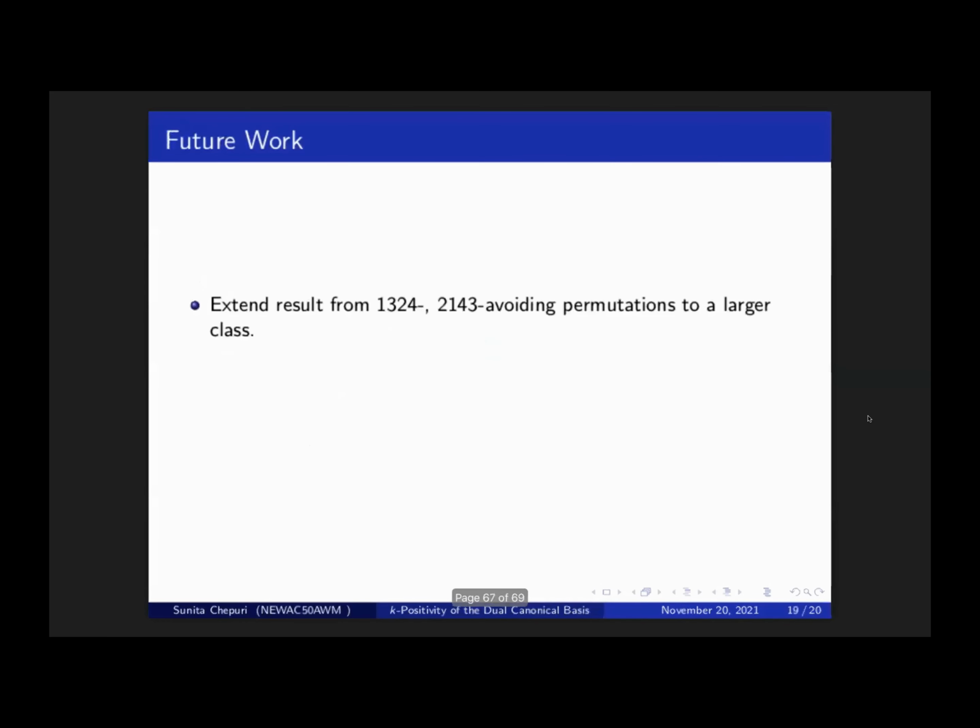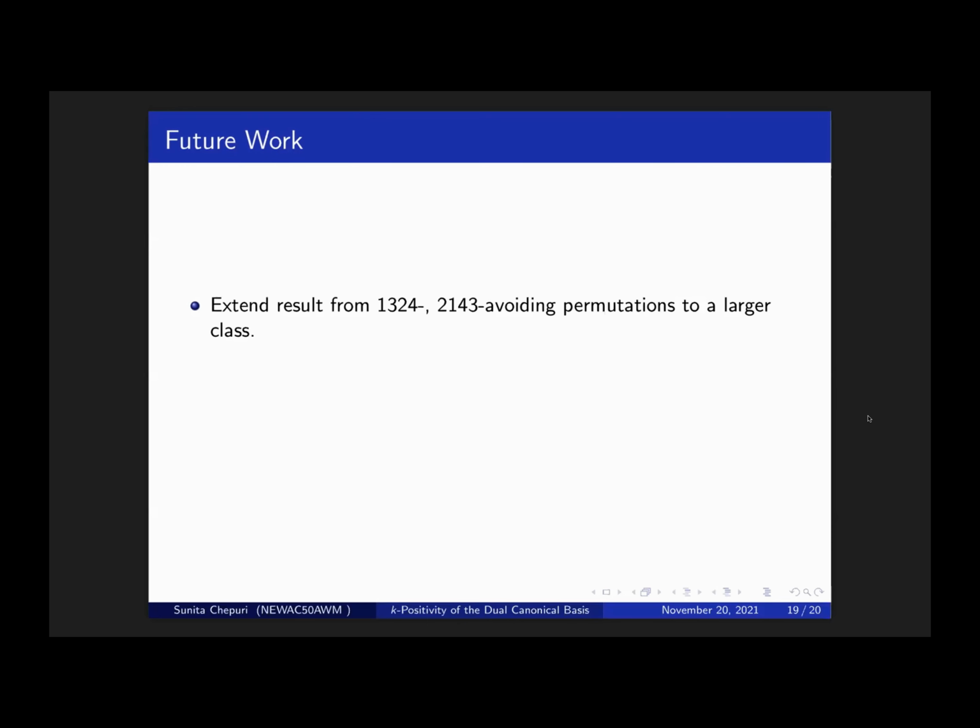Okay, so the last thing I'll say is just a few brief words about future work. First of all, we would like to extend this result from the group of 1324 and 2143 avoiding permutations to a larger class.